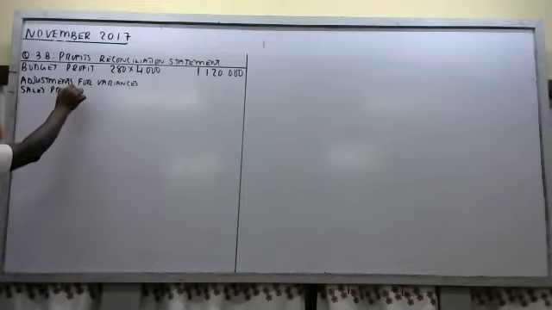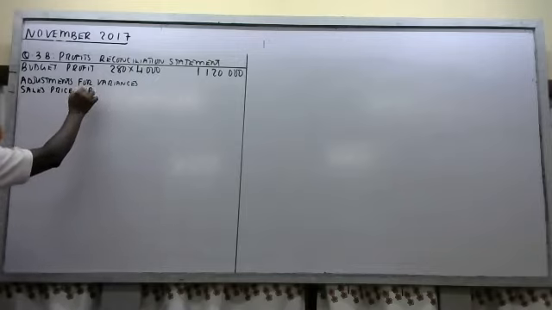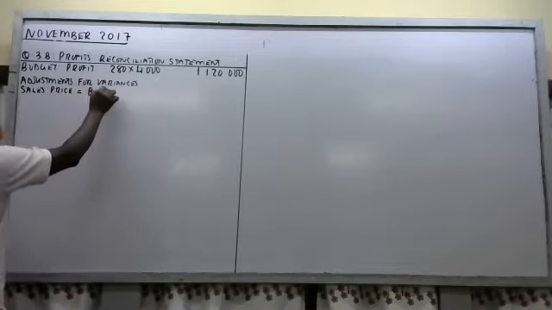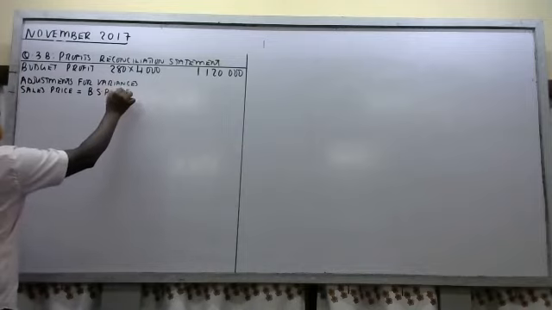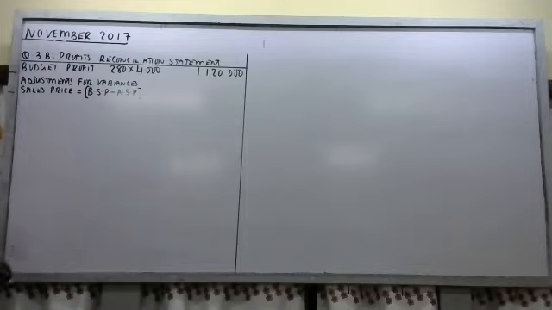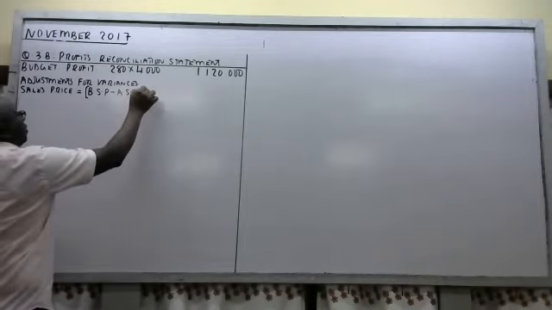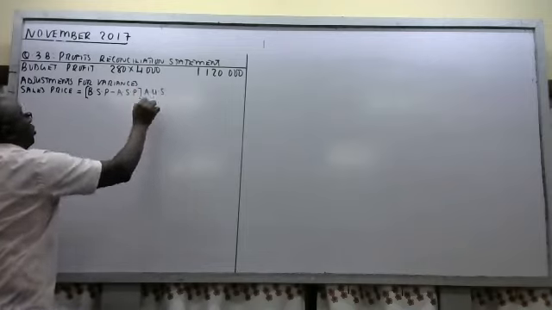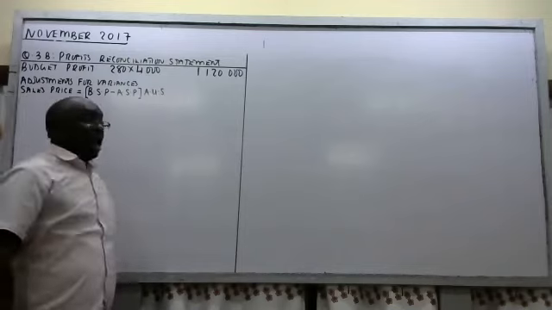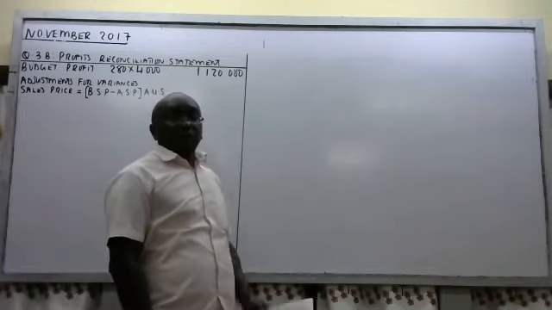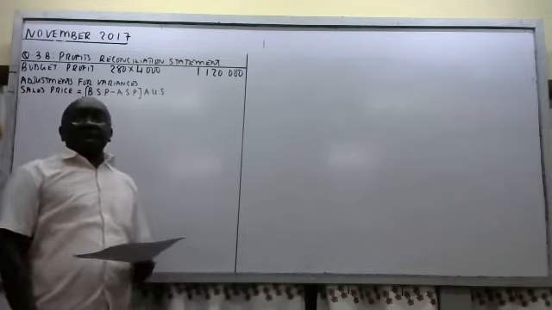Now sales price, we said the formula is budget selling price minus actual selling price, multiplied by actual units sold. So let us substitute that.